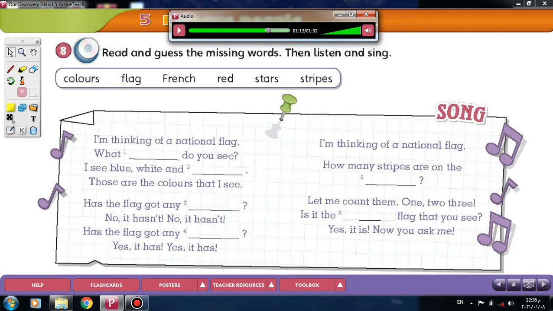Has the flag got any stripes? Yes, it has. How many stripes are on the flag? Let me count them. 1, 2, 3. Is it the French flag that you see? Yes, it is. Now you ask me. Okay?